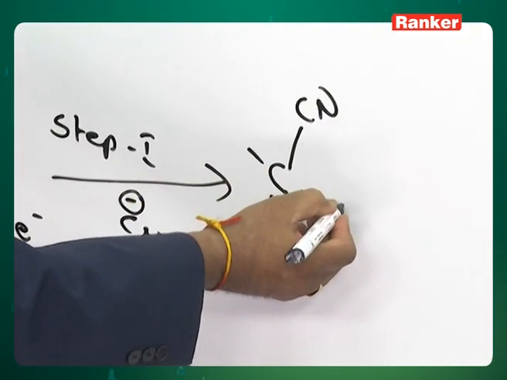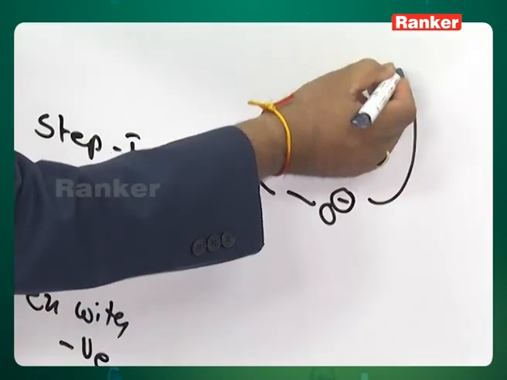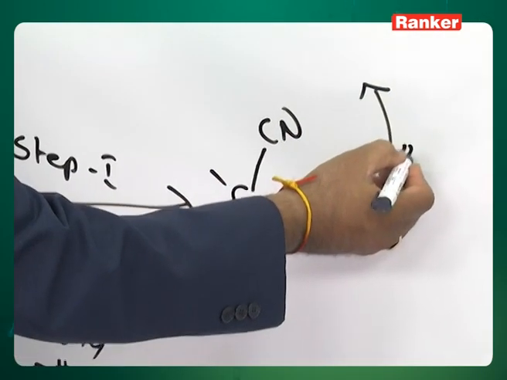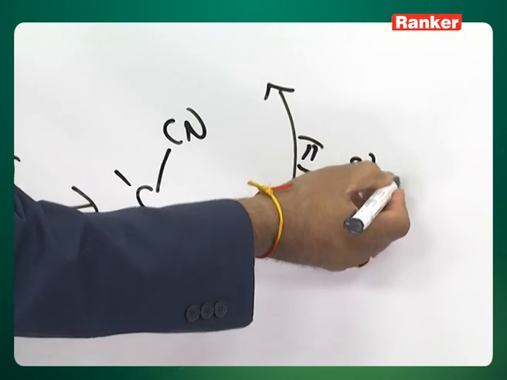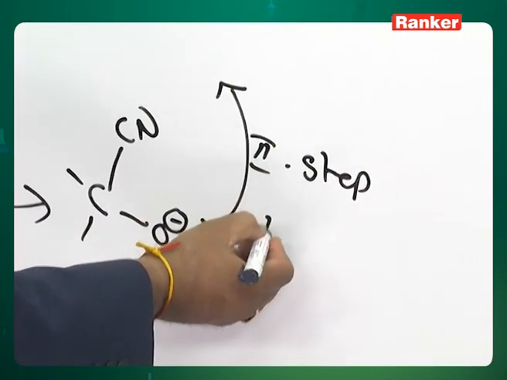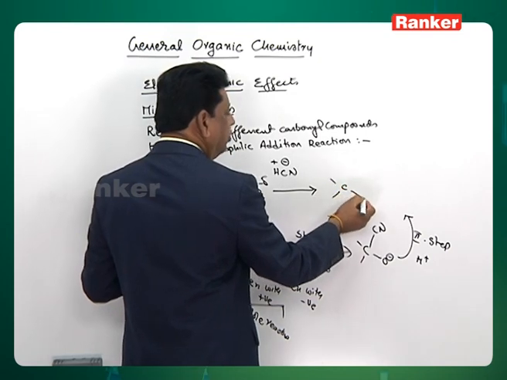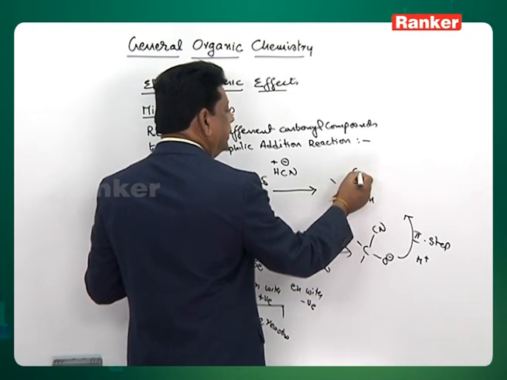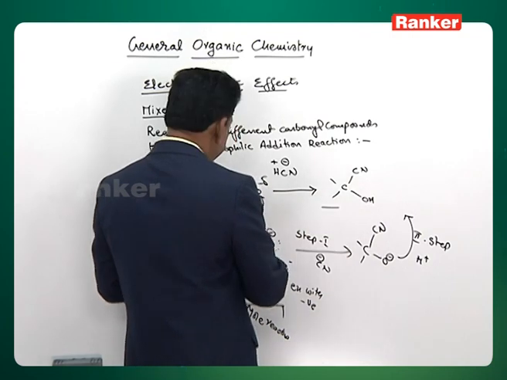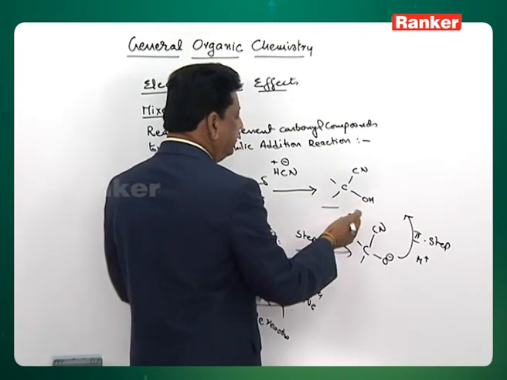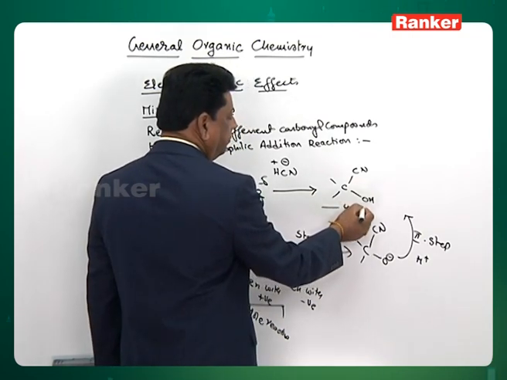And what about the O minus? This is going to participate in the second step. In the second step, H plus will attack here. Finally, the reaction completes, O will become OH, a cyanide is added, and the corresponding name you have to say is a cyanohydrin.